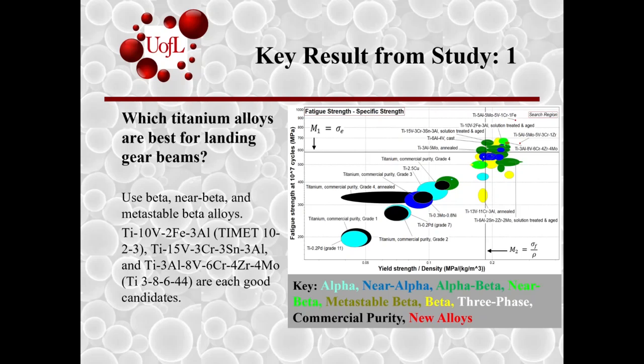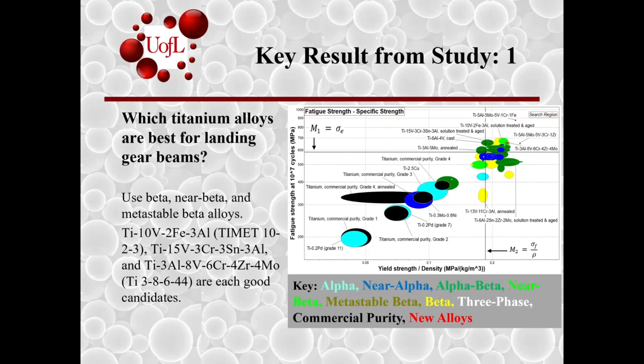Down below, I provided the key of what type of titanium alloy each material fell into, or could be categorized as. And so you can see the probable best three candidates aside from new alloys.